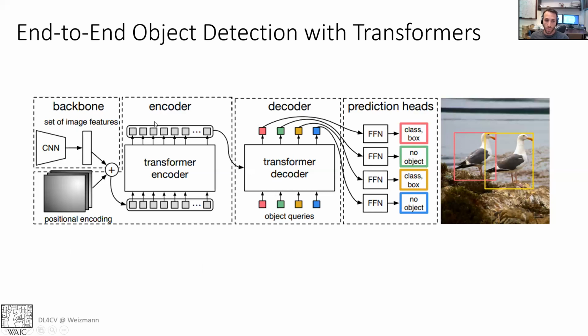Then it is passed through a transformer encoder layer and a transformer decoder layer, and the output from the transformer decoder was viewed as a prediction for a bounding box, which was given after passing through a feed-forward neural network. For each bounding box, all the network had to do was decide if there was an object or no object in the bounding box, and if there is an object, give the class of the object.